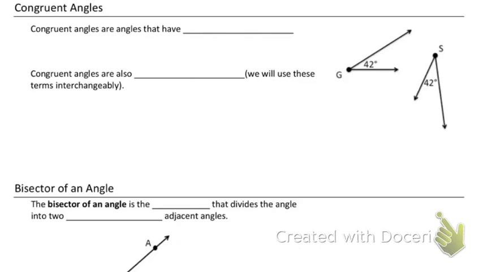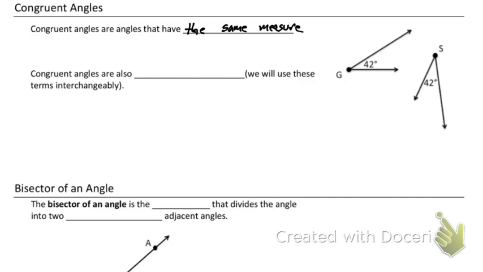What exactly did I put? That's what we're talking about. All right, I got my notes up here. Yeah, we'll just put the same measure. So this is 42, this is 42.